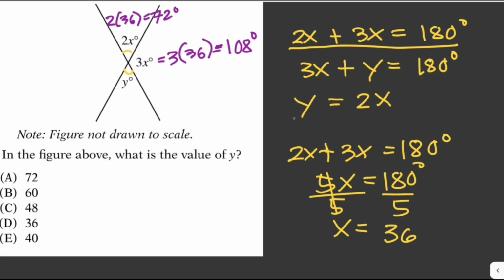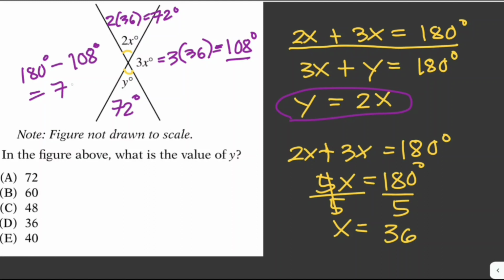We can just equate the vertical angles, since they are equal. Therefore, y here is also equal to 72 degrees. Or you can subtract 108 degrees from 180, and you get the same answer, which is 72 degrees. Therefore, the answer here is letter A.